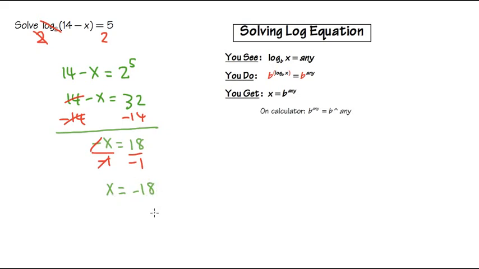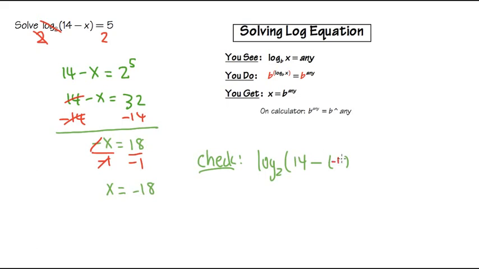x is negative 18. In fact, this will work, and let me just plug in and check it for you guys. When we plug negative 18 into the original equation for x, we will have log base 2 of 14 minus, and let me open the parentheses for this x, which we know will be negative 18.